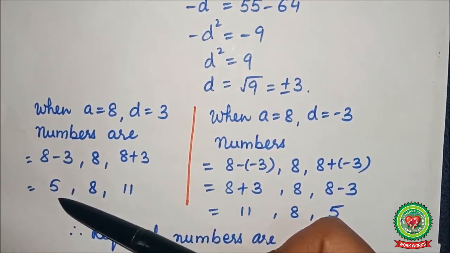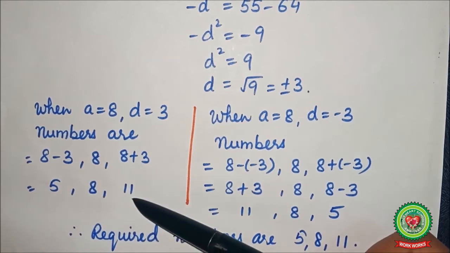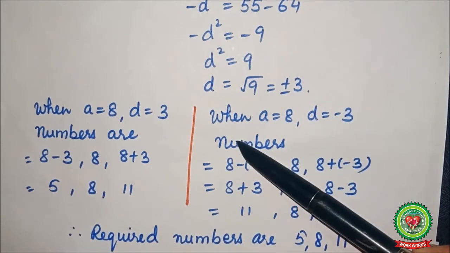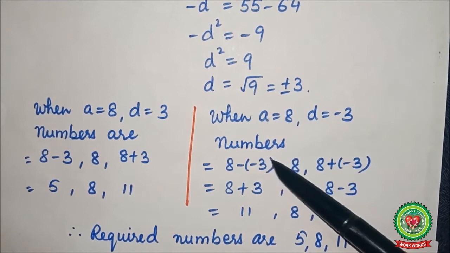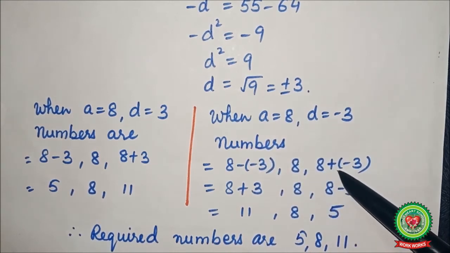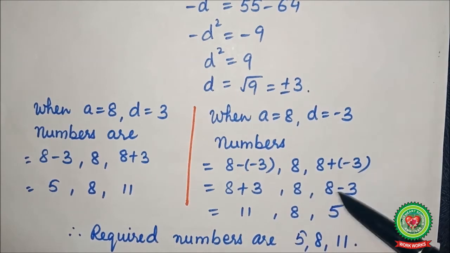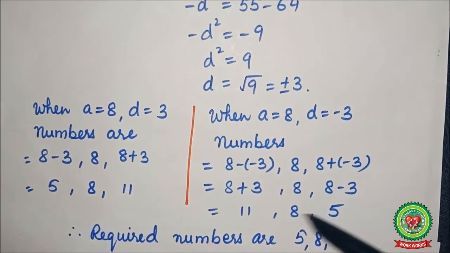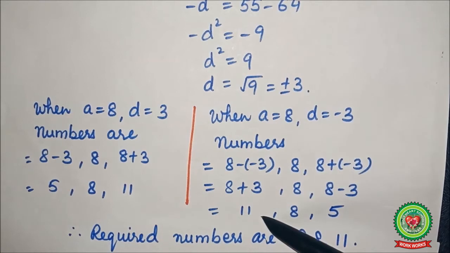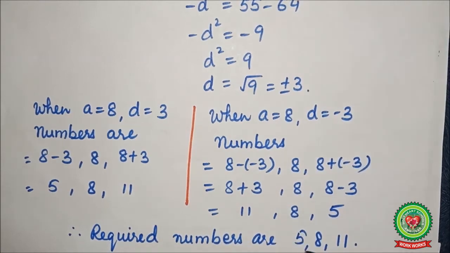So on simplifying, 5, 8 and 11. Similarly on the second case, 8 minus of minus 3, 8 and 8 plus minus 3. So it is 8 plus 3, 8 and 8 minus 3, 11, 8 and 5. In both the cases, we are getting the same numbers. So required numbers are 5, 8 and 11.